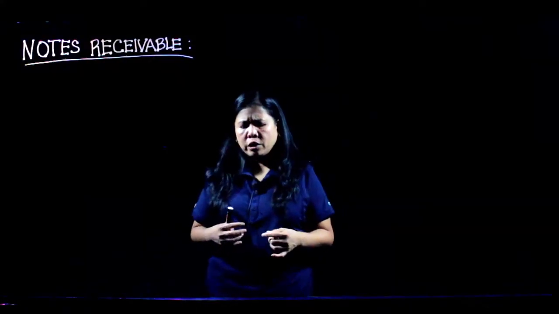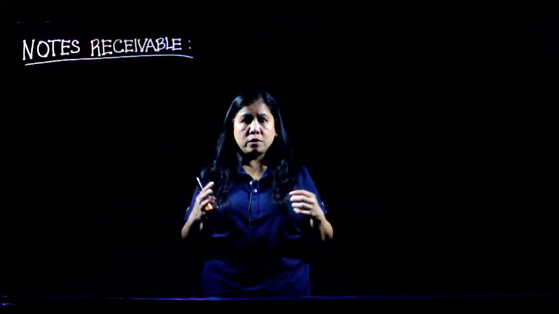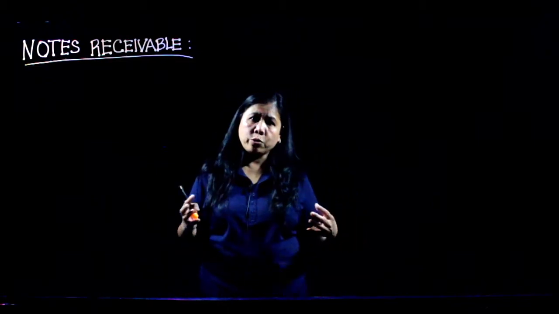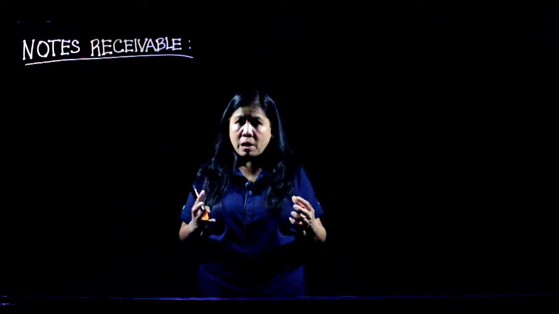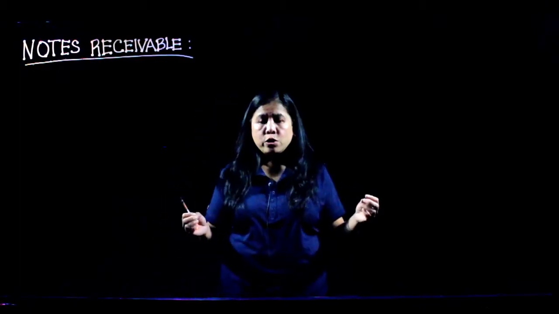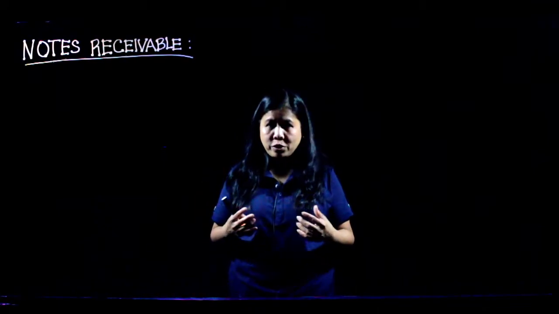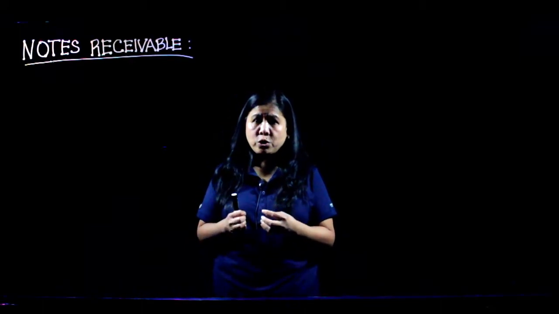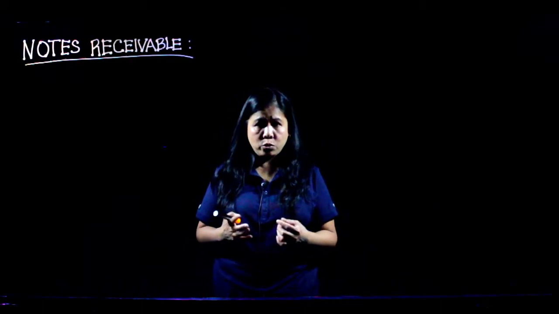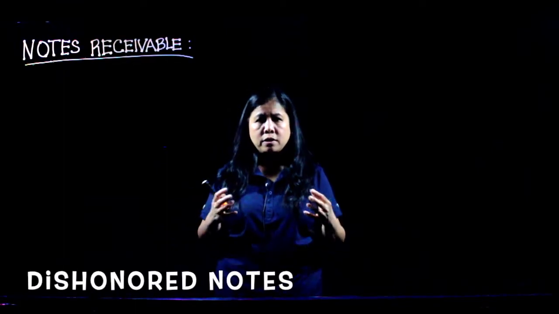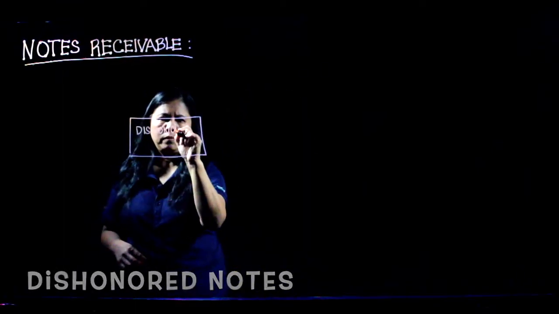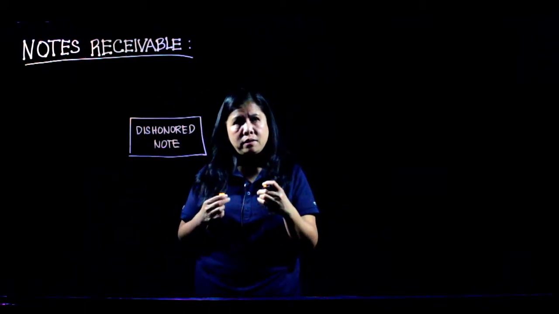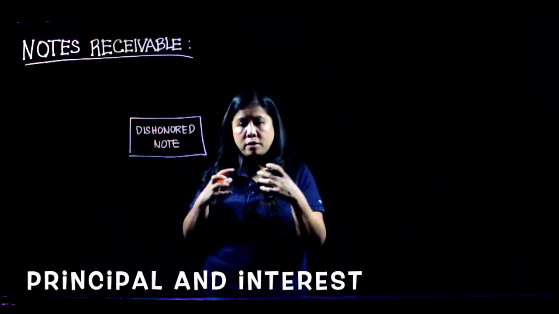All right. So in the real business world, there will be instances where the maker of the promissory note won't be able to pay the amount due on the maturity date. So as an accountant, what do you do? When this promissory note is not paid on the maturity date by the maker, this note is called a dishonored note. This dishonored promissory note contains the principal and the interest.